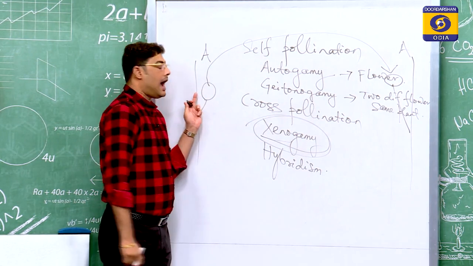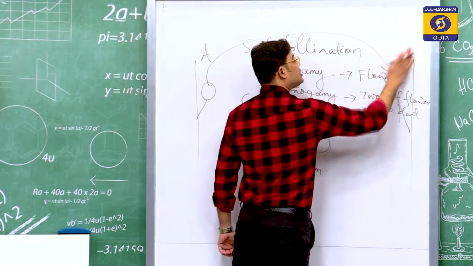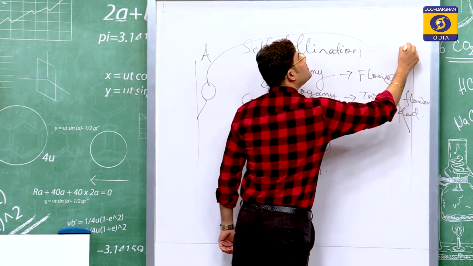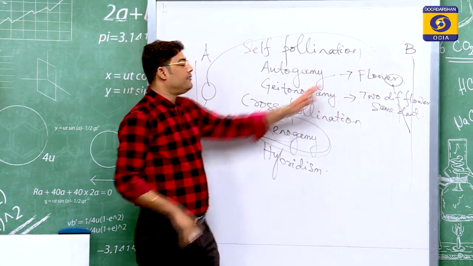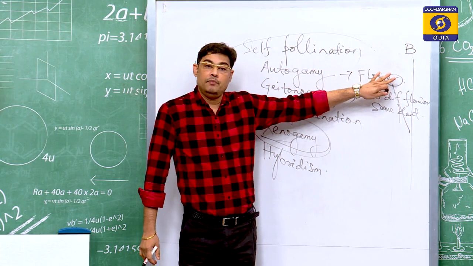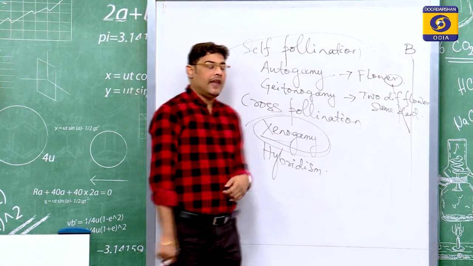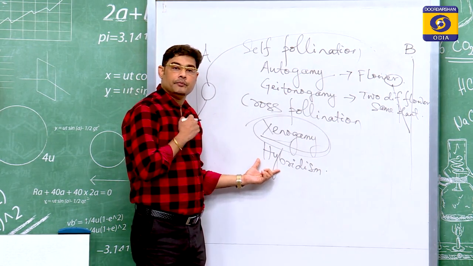But suppose I have one plant A here and another closely related plant, another allied species, B, and the pollen grain falls on the stigma of the flower of B, pollination takes place and fertilization also takes place. Then that is another kind of cross pollination known as hybridism.